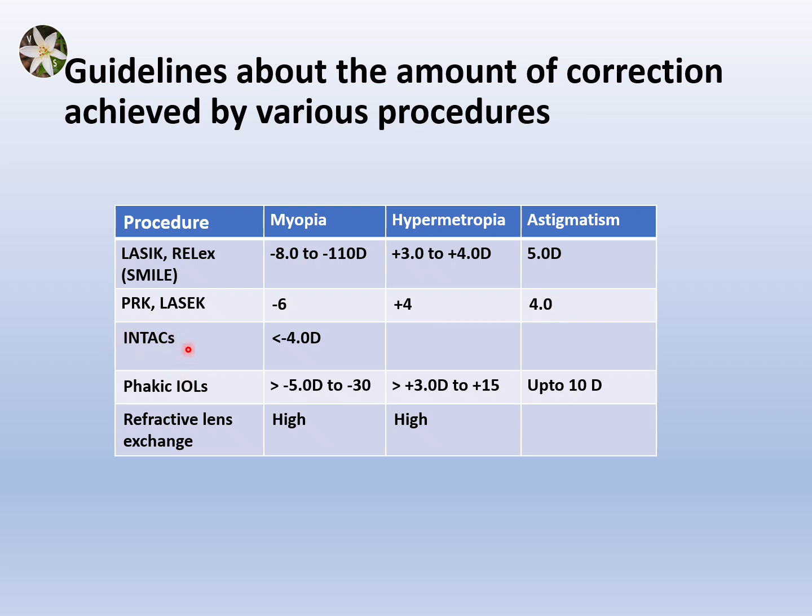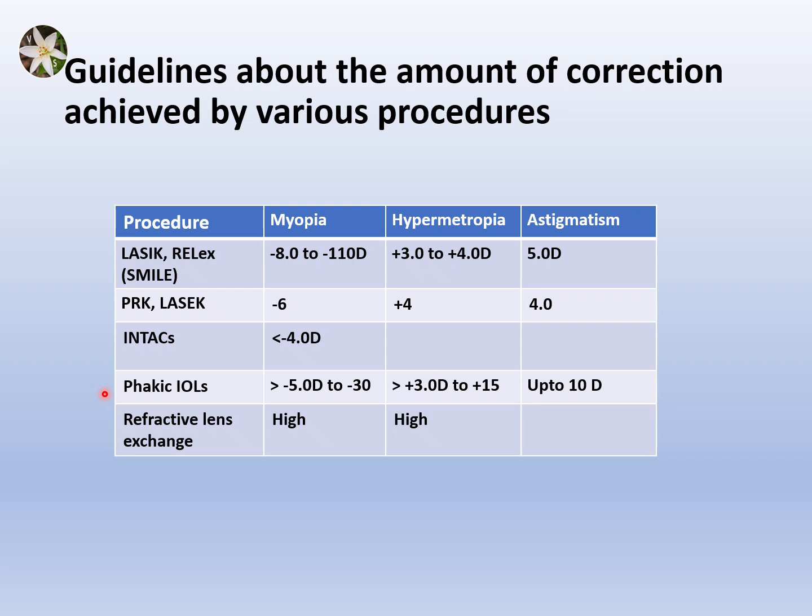Intacs can correct a myopia of less than 4 diopters. The phakic IOLs are used in refractive errors of higher order that cannot be corrected by LASIK, or in patients who are not suitable for corneal procedures.